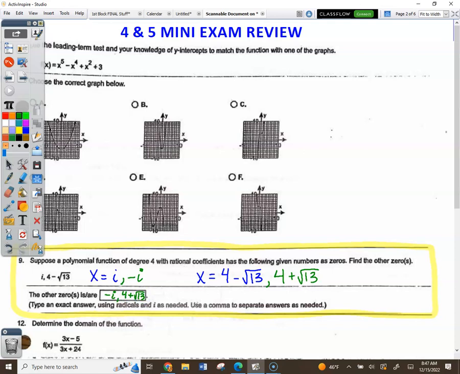So yes, leave that on there. Maybe go to your little pink half sheet if you struggle with that and make a note. Only i and radical zeros have a secret other zero, and you change the sign of it.